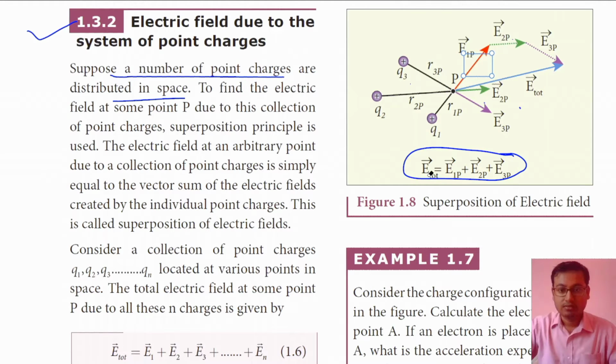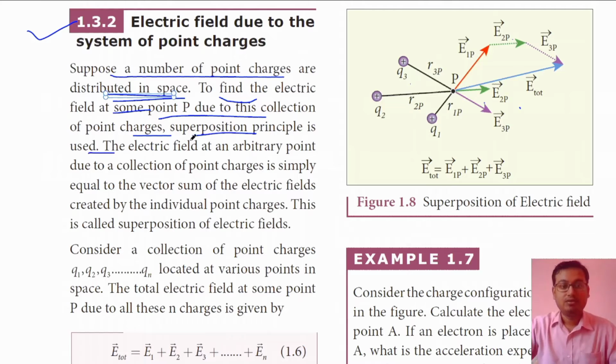Once again, suppose a number of point charges are distributed in a space as given here in figure 1.8. We have 3 charges and they are distributed. To find the electric field at some point P due to this collection of point charges, the superposition principle is used.